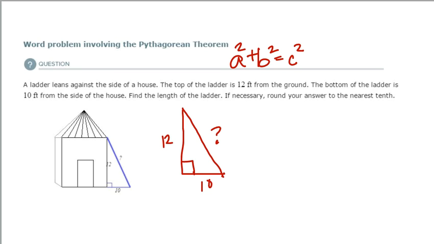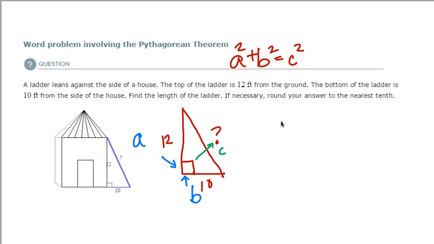That's the number one problem, people just stick the two numbers they have into the a and the b. Don't forget that the two legs attached to the right angle are your a and your b. The side that is diagonal, across from the right angle, is your c. So keep that in mind.